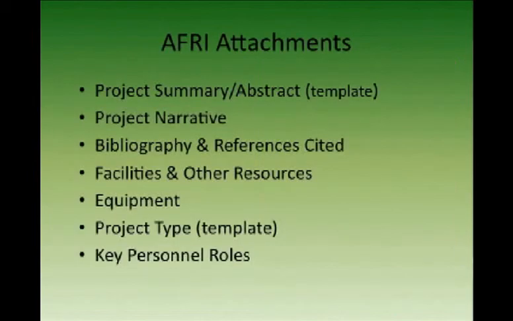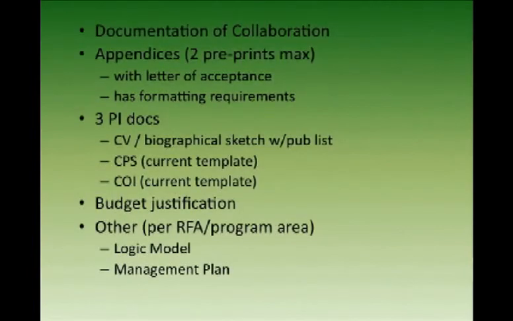And then attachments. There's several attachments that have to be included in the electronic package. Some are in every package. Some are specific to the program area. You'll just have to read the RFA and see what's there. This is the first RFA I've seen that actually has an attachment that's specific to key personnel roles.